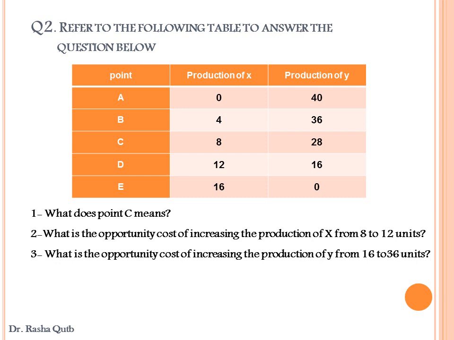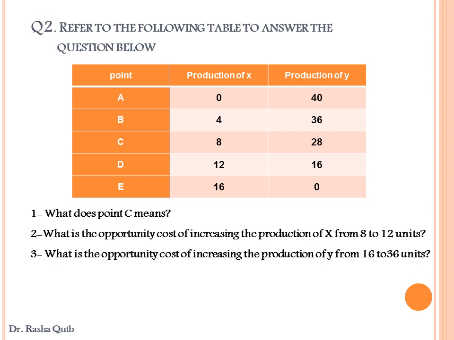Second, what is the opportunity cost of increasing the production of X from 8 units to 12 units? Here we are asked to determine the amount of Y that is given up in order to increase the production of X by 4 units.